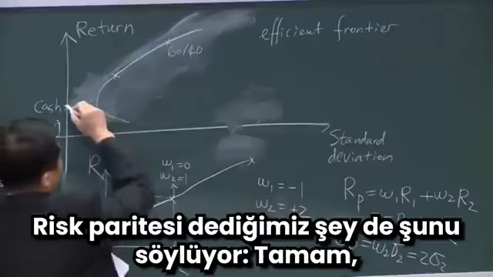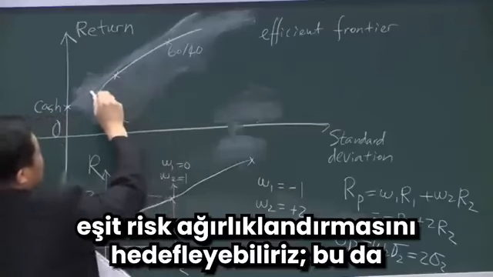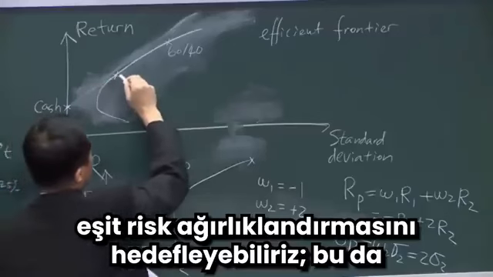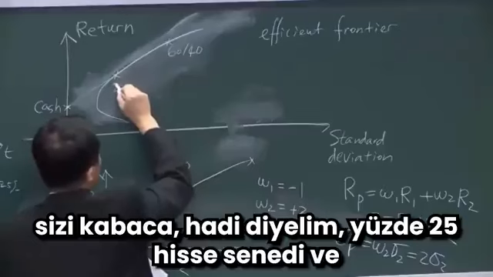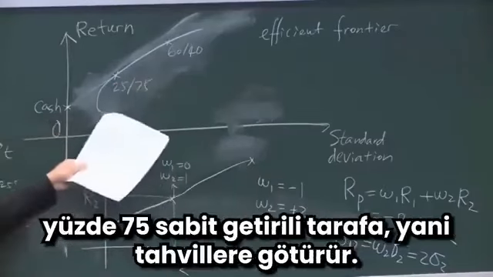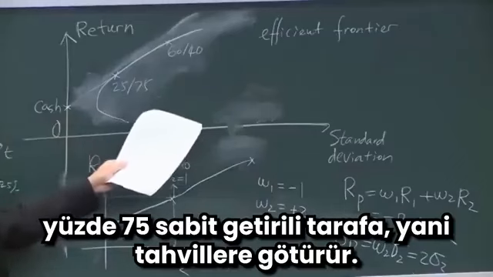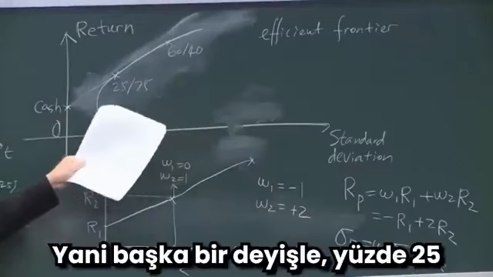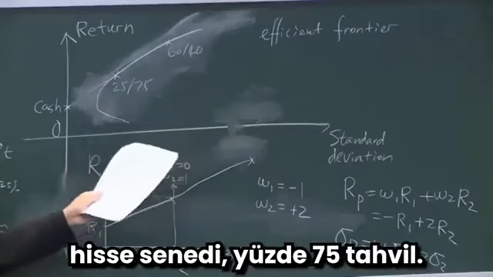So what risk parity says is, we can target equal risk weighting, which will give you somewhere around, let's call it, 25% equity and 75% fixed income. In other words, 25% of stocks, 75% of bonds.